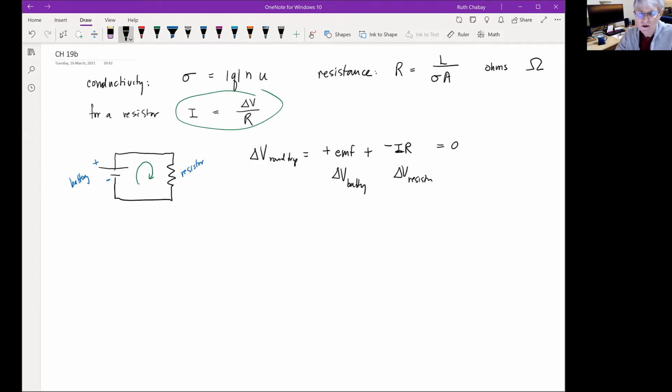And so in this very simple circuit, if we solve our loop equation to get the current, we'd find that the current was equal to the EMF over the resistance.